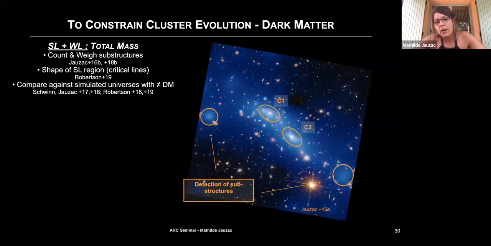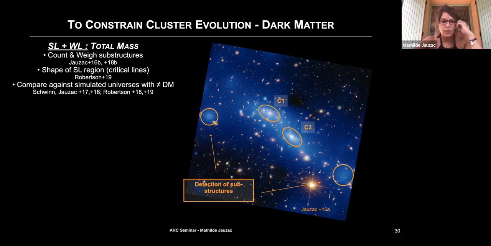What I highlight in orange are the different substructures in the cluster. The core of this cluster is actually made of two clusters that are about to merge. But this is the strong lensing region. Then you have two other orange circles showing much lower mass substructures.